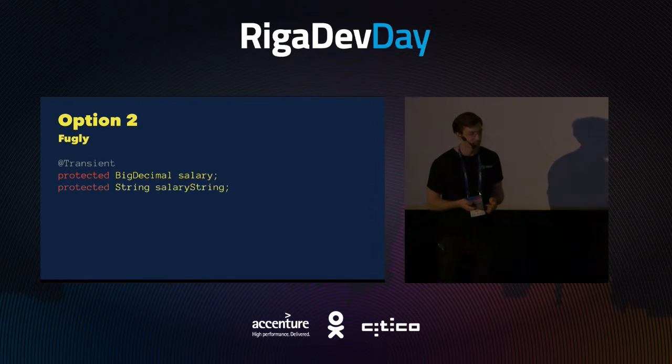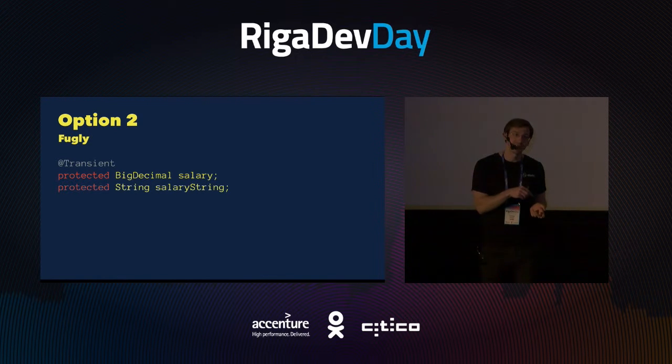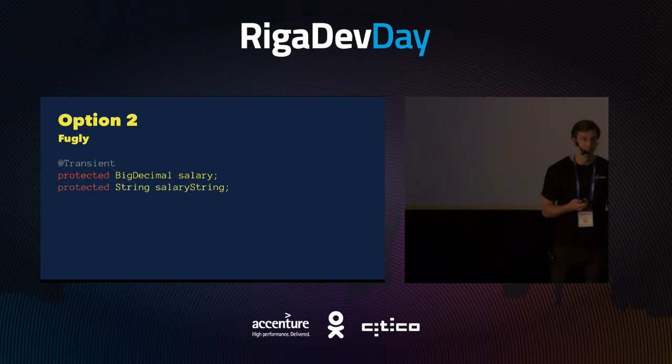The other thing is you can build in a hack. You have your BigDecimal with a salary, and then you do a manual toString in the pre-persist and a from-string in the post-load. So you can manually transform it to a string and load it back. But you need to do that for every single BigDecimal you have.